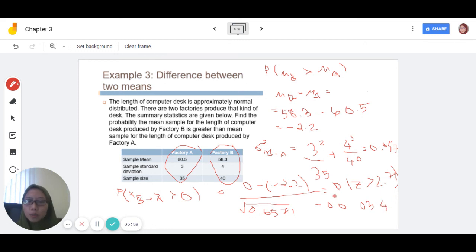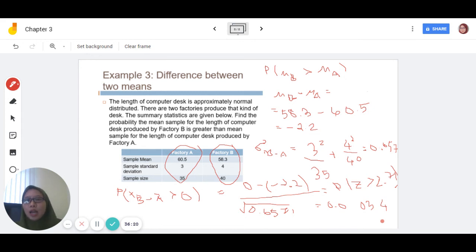So this is the probability that factory B produces greater computed dust compared to factory A.